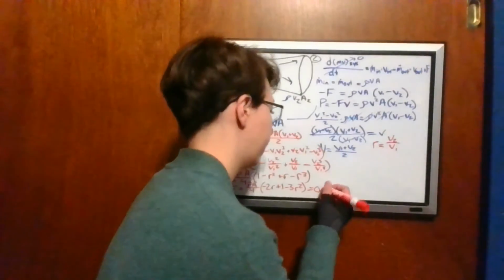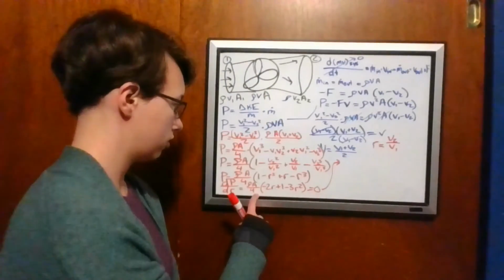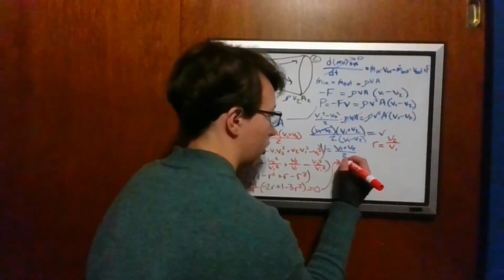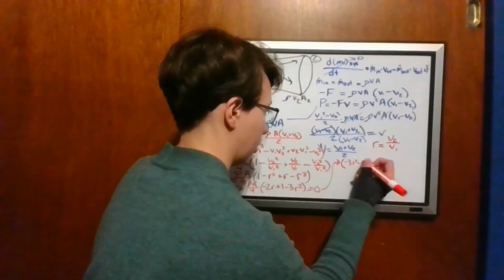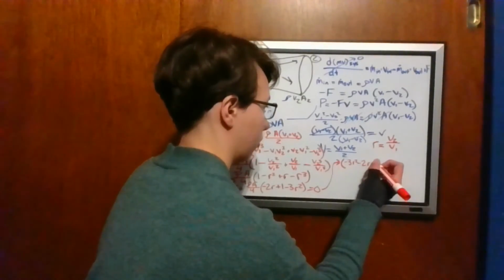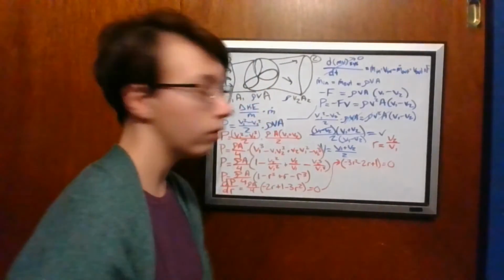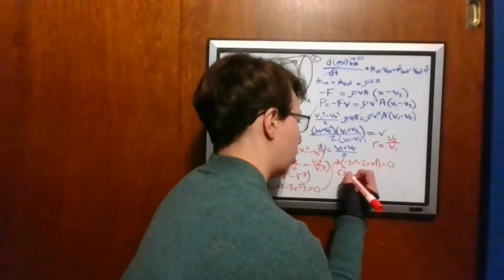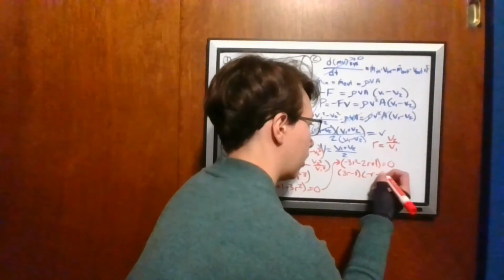This term right here is constant, so it divides out, and we're left with just this. So we've got negative 3r squared minus 2r plus 1 equal to 0, and then we can factor this out. So we've got 3r minus 1 times negative r minus 1 equal to 0.